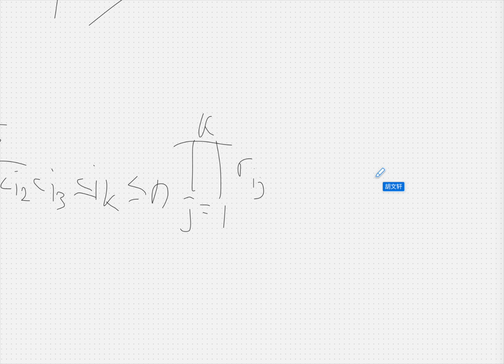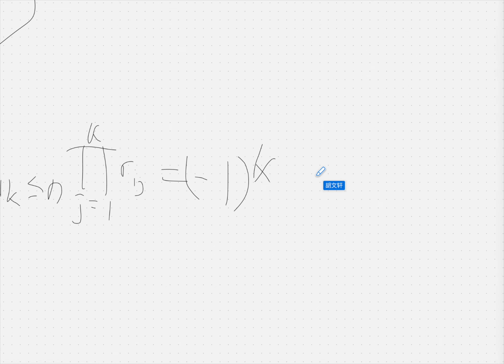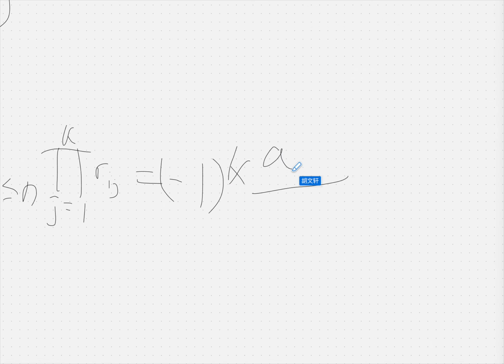Then the multiplication of r sub ij for j from 1 to k equals negative 1 to the power of k, where k is how many roots are multiplied, times a sub n minus k over a sub n.